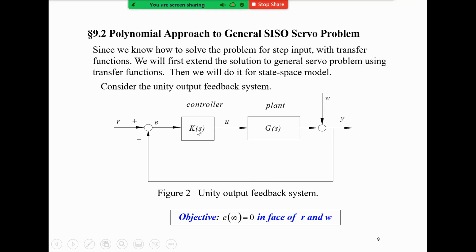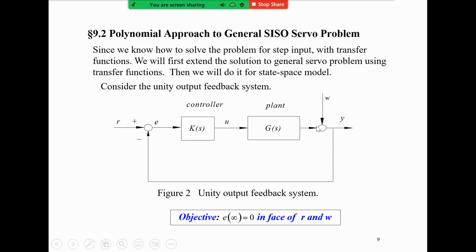The objective is to make the error signal go to 0. But R will not necessarily be a constant anymore. It may be a time varying signal like a sinusoid. And also there may be some disturbance, which may not necessarily be a constant. There may be some sinusoidal wave.